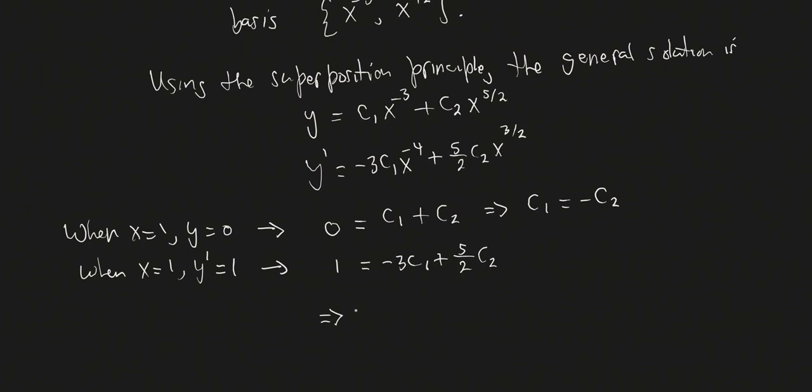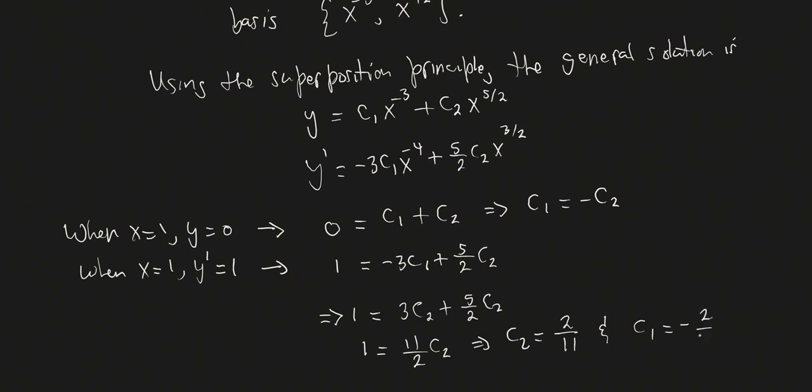So 1 is equal to a positive 3c2 plus 5c2 over 2. Adding those together gives 1 is equal to 11 over 2 c2. So therefore, c2 is 2 over 11, and then c1 is just the negative of that, so c1 is negative 2 over 11.